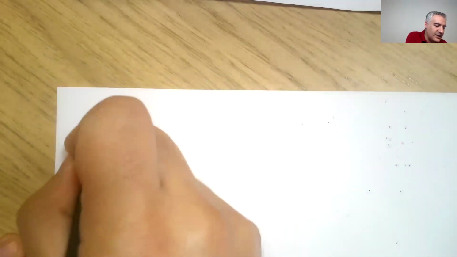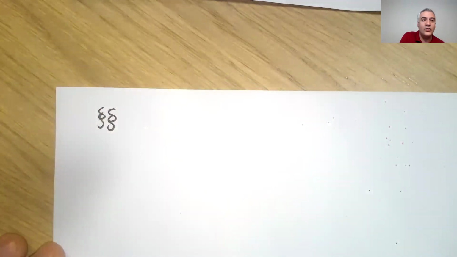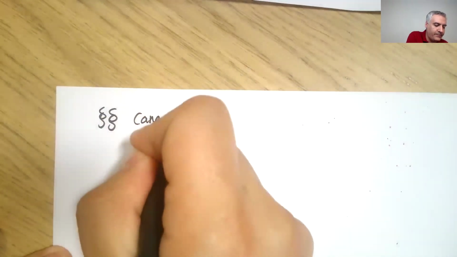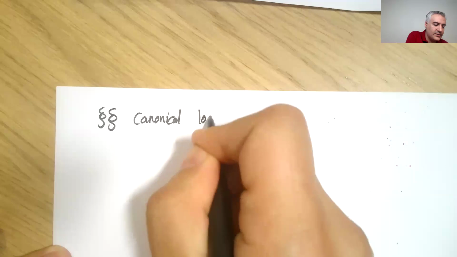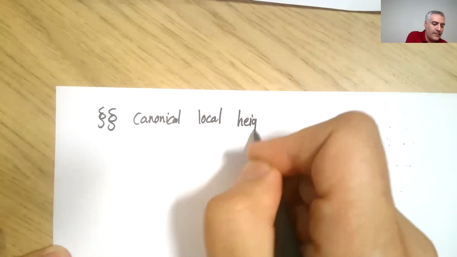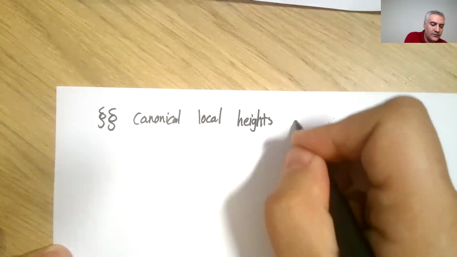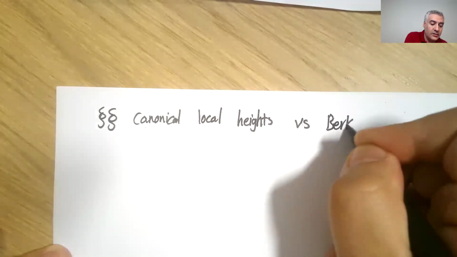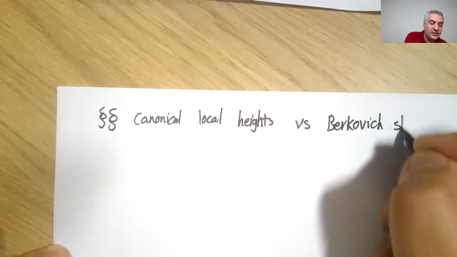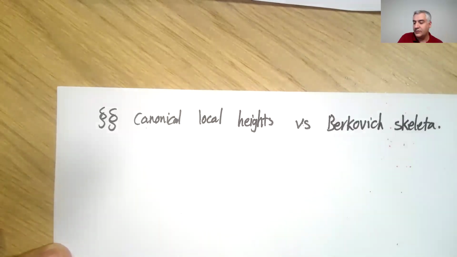The theorem is somewhat technical, but I hope I can convince you that, while the expressions are technical, it gives some rather precise formulas for canonical local heights of Neron versus the Berkovich skeleton, which in the case of abelian varieties are these real tori we were talking about.